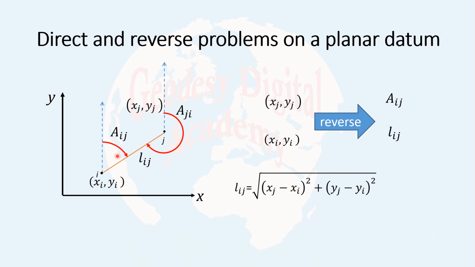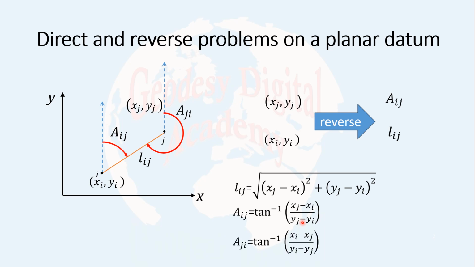And for the azimuth, we already know that the azimuth can be determined from the tangent inverse of the ratio, or the difference between the x coordinate of point j minus the x coordinate of point i over the y coordinate of the point j minus the y coordinate of point i.